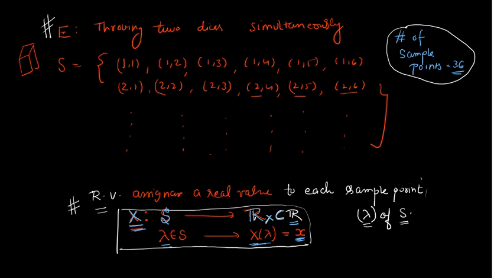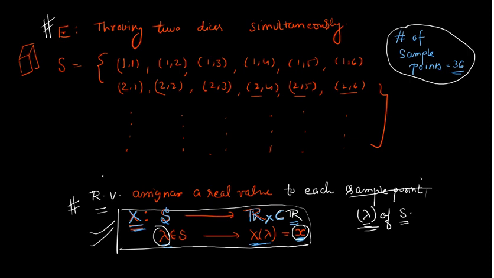If we represent the sample point by lambda, then X(lambda) is the mapping of this sample point, and it can take a value x, for example. So this is how we define a random variable.